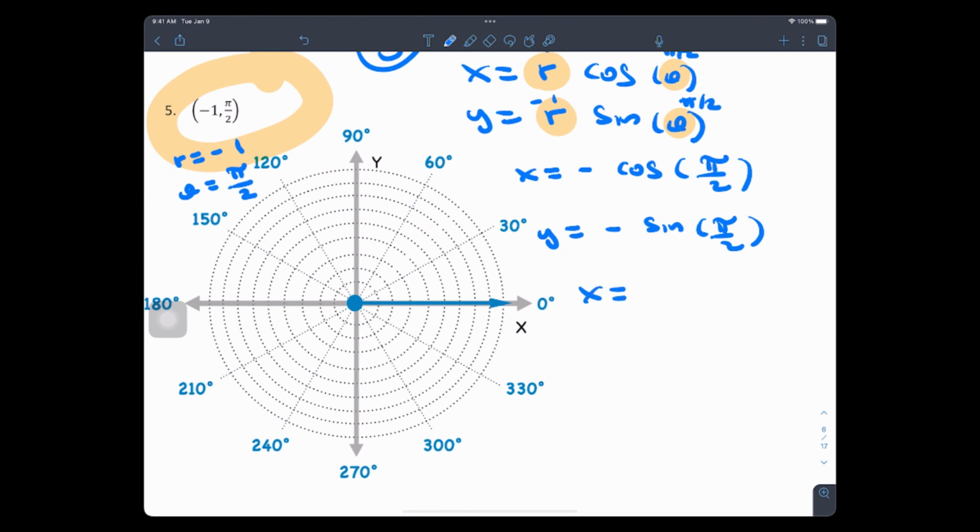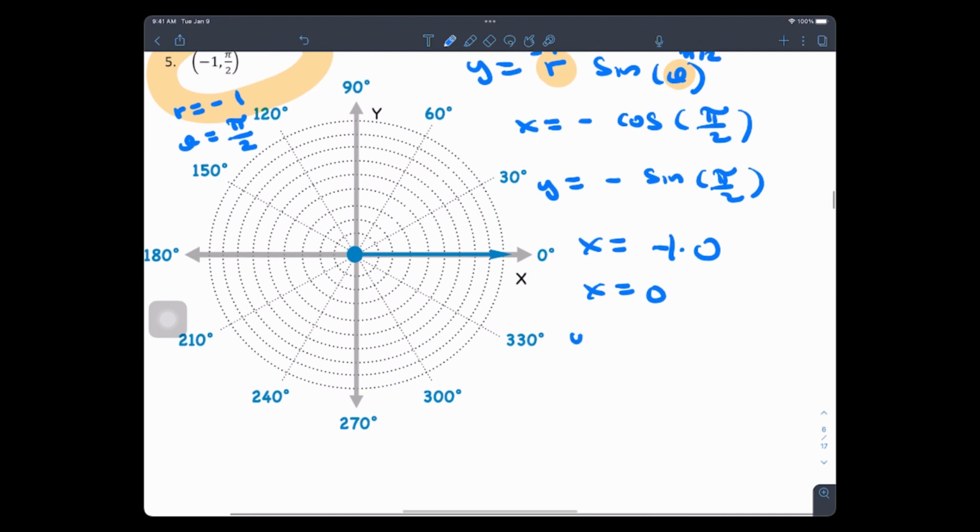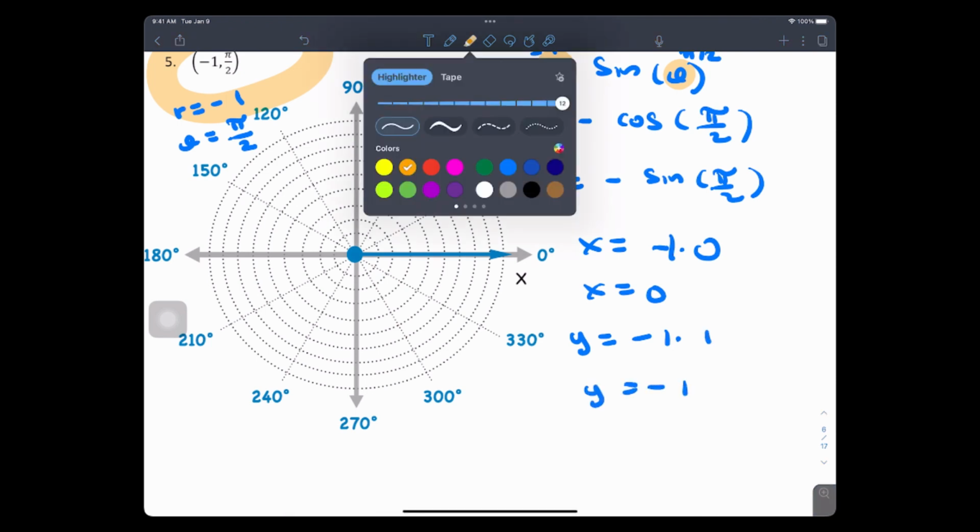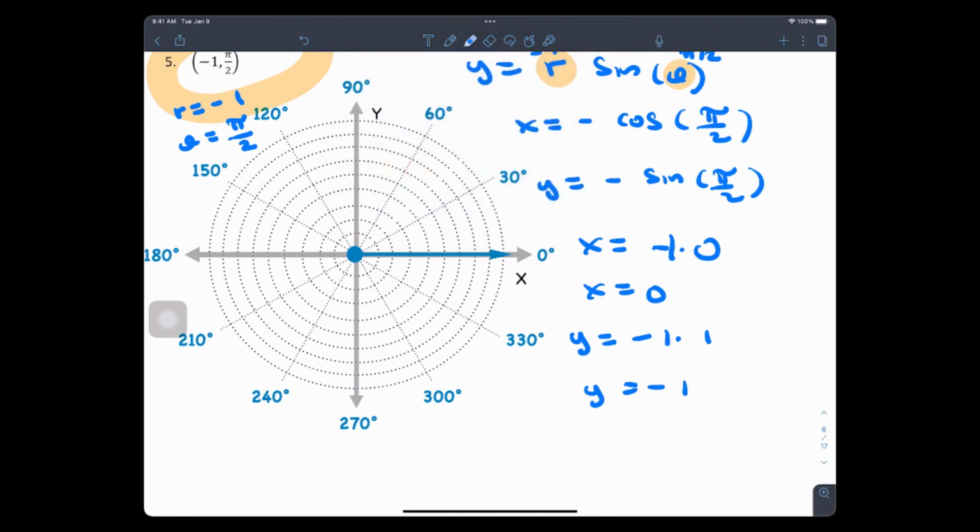What is cosine pi over 2? What's cosine of 90? Is that 0? So -1 times 0 is 0. This is your x coordinate. Y, what's sine of 90? Isn't that 1? So y is -1. So x will be 0 and y is -1.